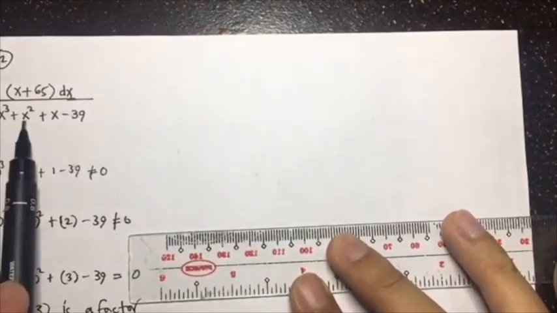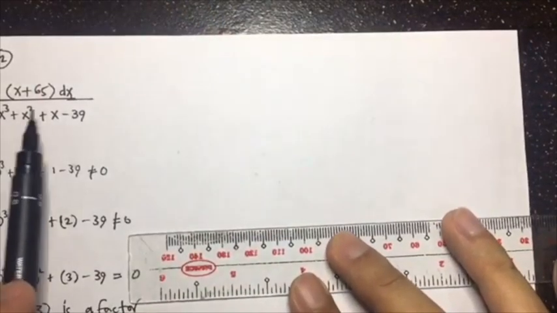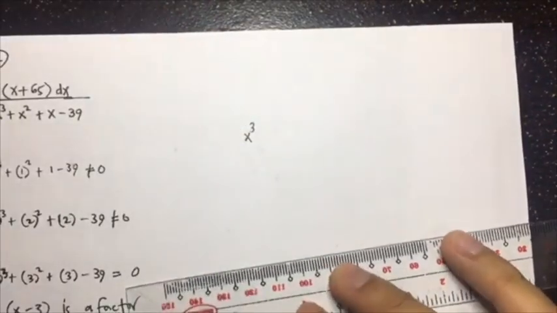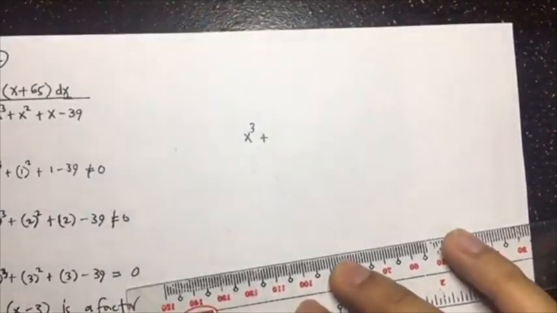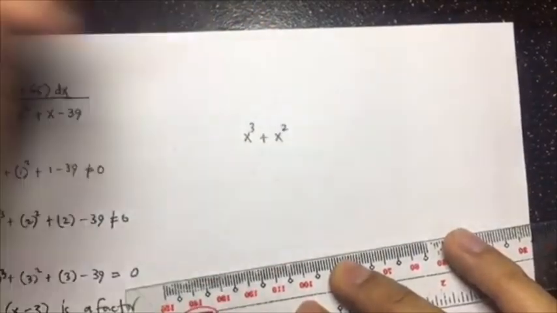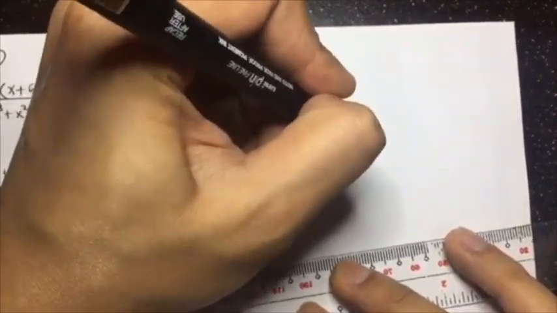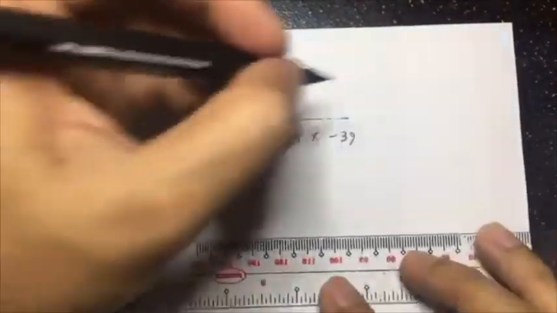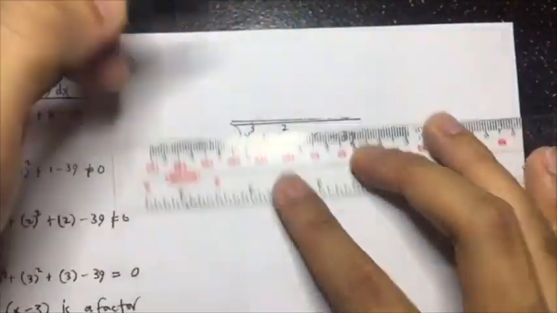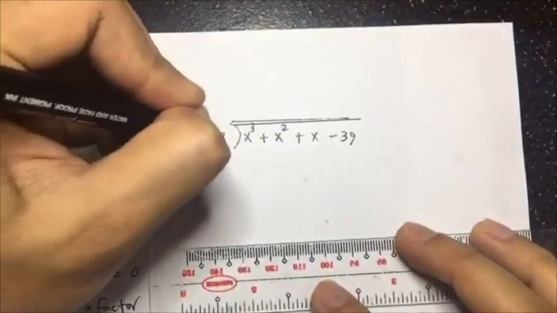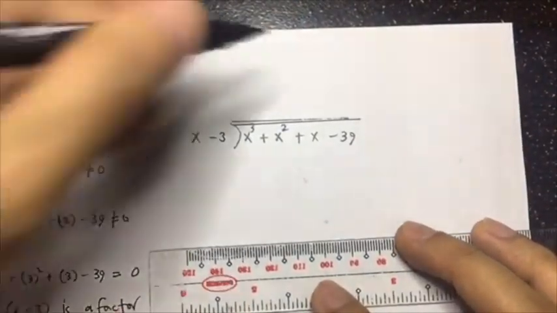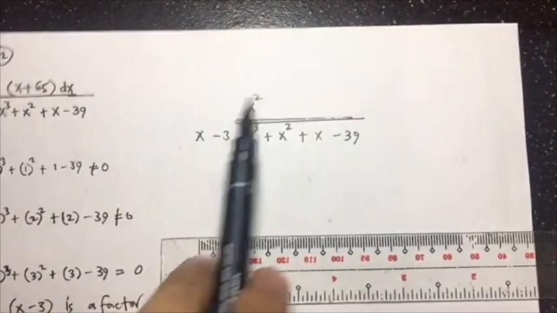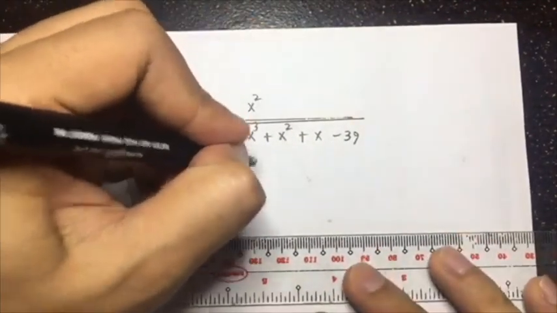Divide x cubed plus x squared plus x minus 39 by x minus 3. X cubed divided by x is x squared. X squared times x is x cubed.